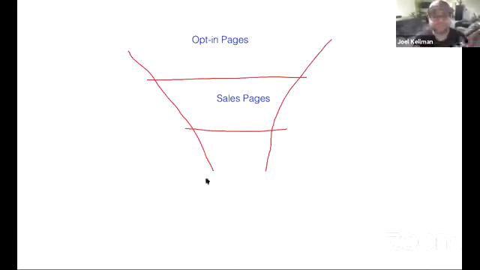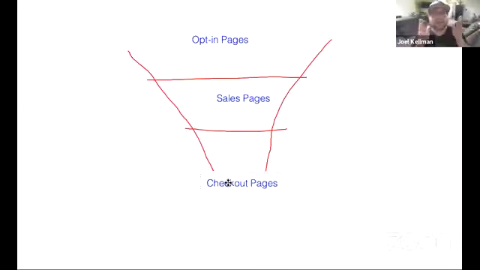And underneath it are your checkout pages, your sign-up pages, your conversion pages, the page that makes you the most money, where people are buying things. It could just be a thank you page if you want to close your funnel off and be done there. But this is our standard 3-step funnel.